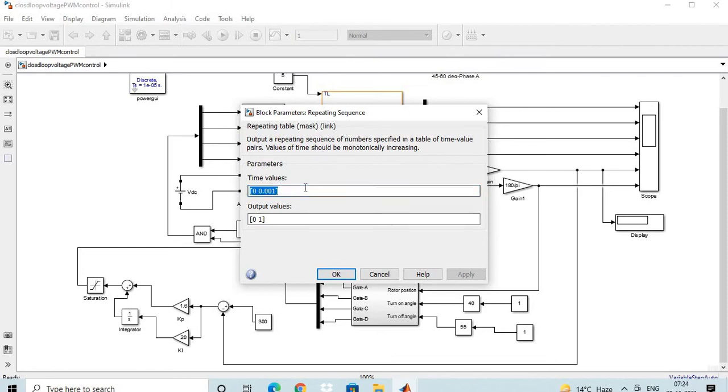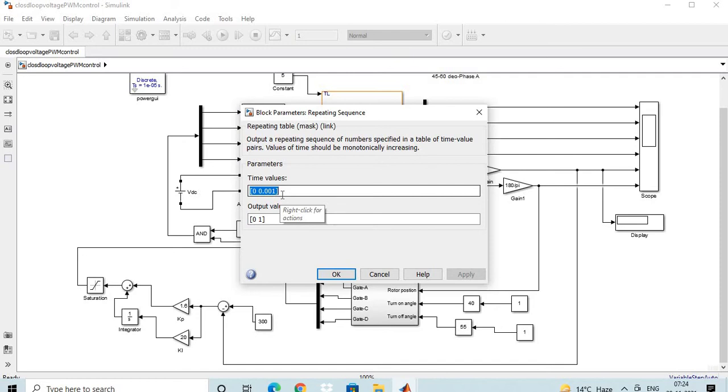This repeating sequence block has two parameters, time values and output values. Here the output values are either 0 and 1, whereas the time values depend on the frequency, like here 0 and 0.001, that means the frequency is 1 kilohertz.